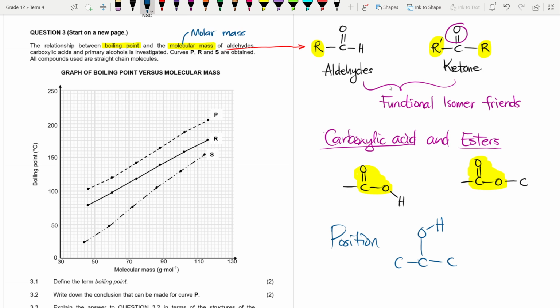It just becomes a different kind of alcohol with a different IUPAC name. But if you move positions of functional groups in molecules and it becomes another type of molecule, then that is called a functional isomer. Okay, that's just a quick reminder.